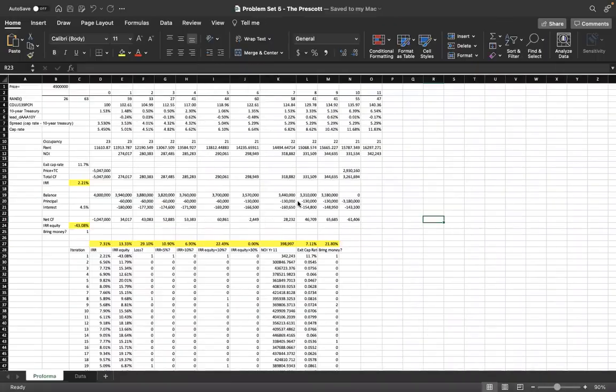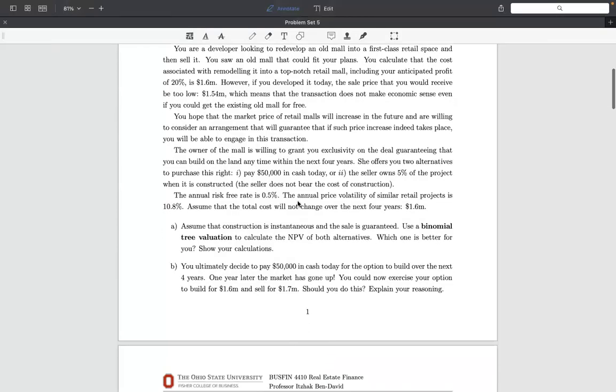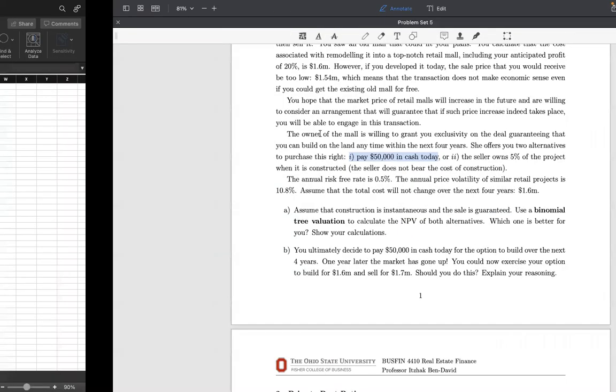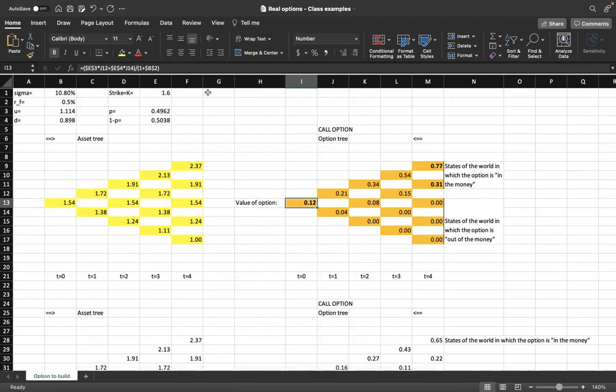Regarding the first question, it's asking which one is better compared to the two alternatives. Let's say alternative one: you hold this option and you pay 50,000 in cash today. So the NPV equals the PV of the option minus the investment.